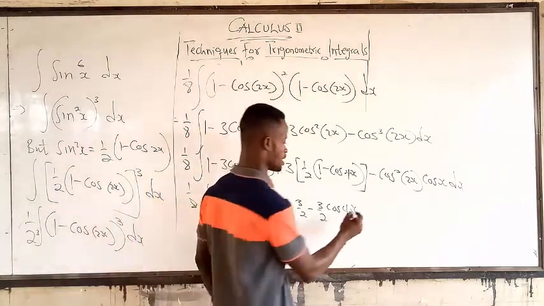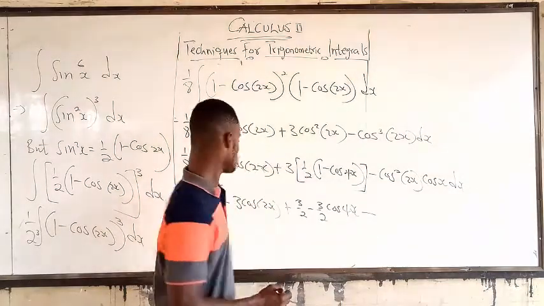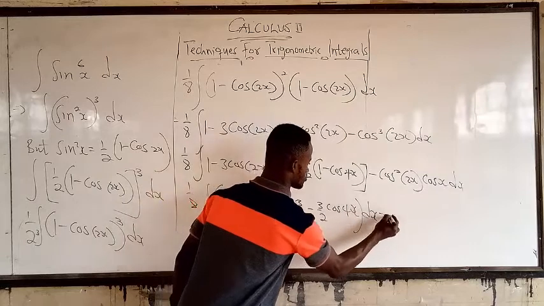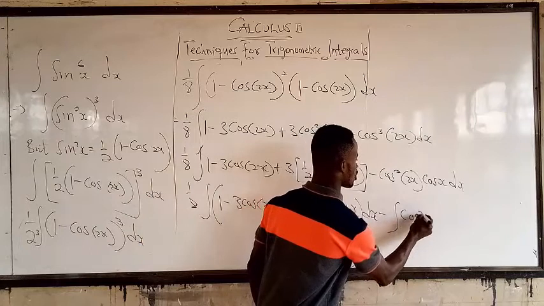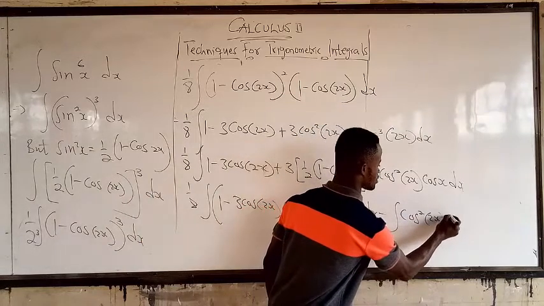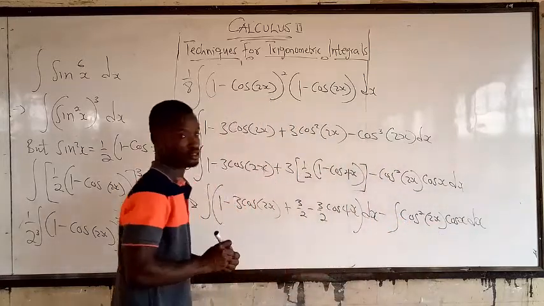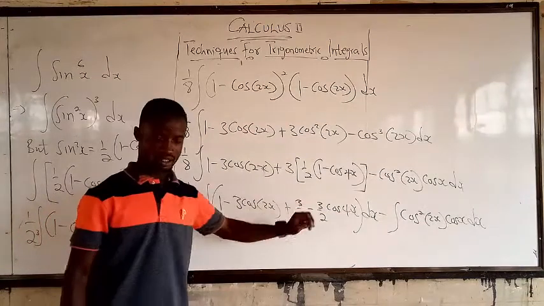Then minus, so let's block this one here, dx, minus the integral of cos squared 2x cos 2x dx. So that is what we have for that part.